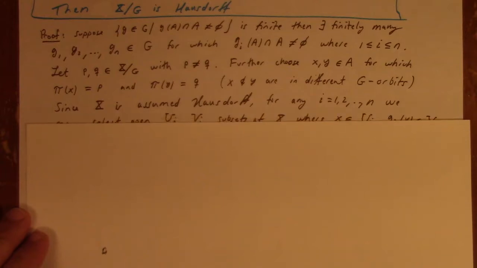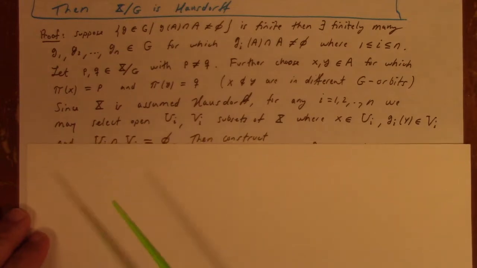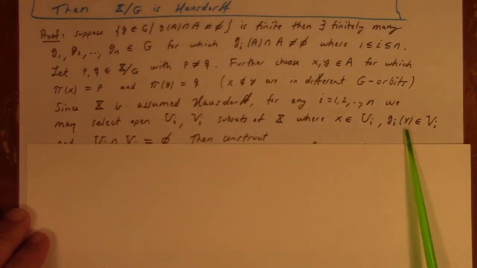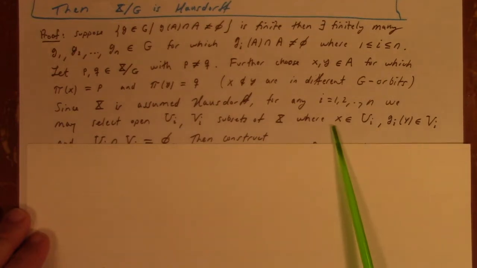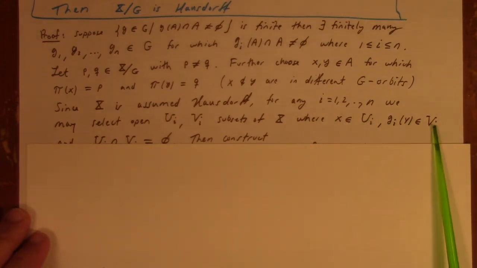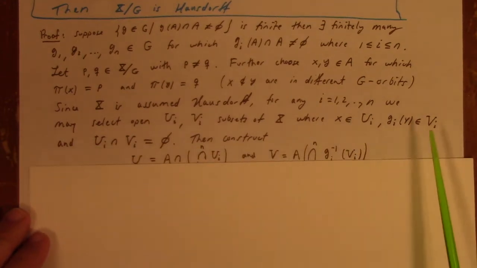Now, we assumed X is Hausdorff, and for any i from 1 through n, we can use that Hausdorff property to select open U_i and V_i subsets of X where x is in U_i and gi of y is in V_i. Remember, gi of y can't be equal to x, so these are distinct points, so I can choose sets U_i and V_i which separate those points, right?